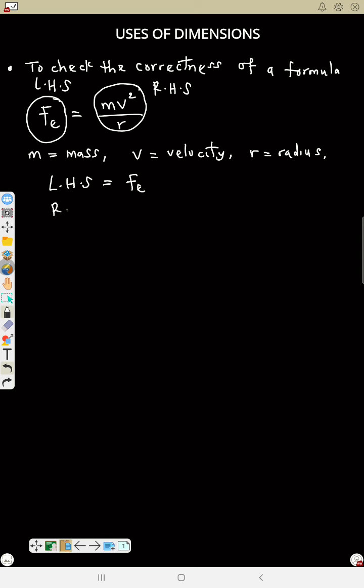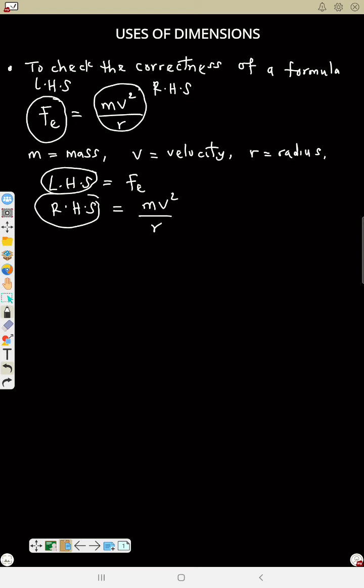On the right hand side, we have mv square over r. Now, if we can confirm that the dimension of F on the left hand side is equal to the dimension of mv square over r, that is the same, then the formula is dimensionally correct. So the formula may be right.